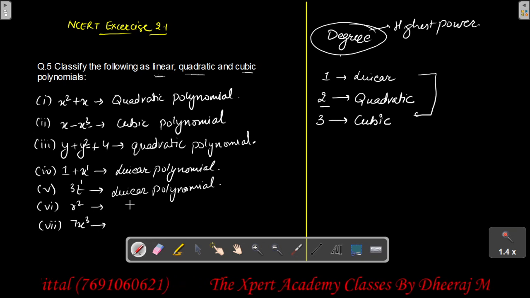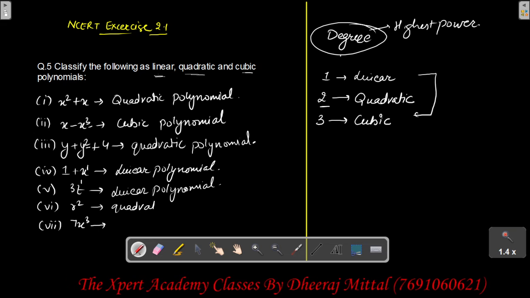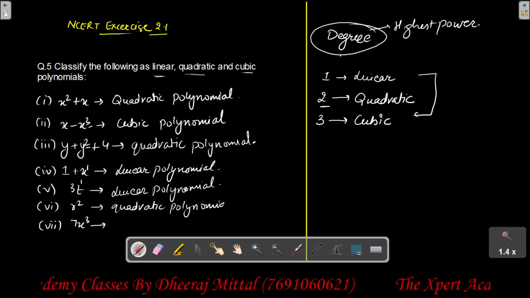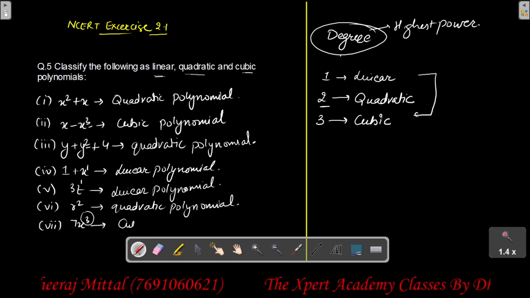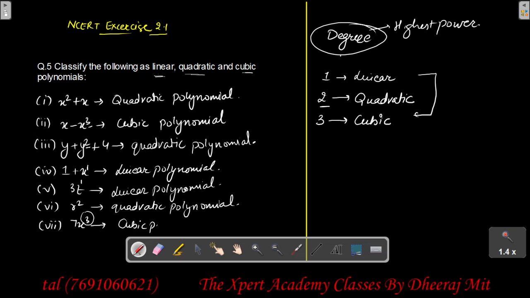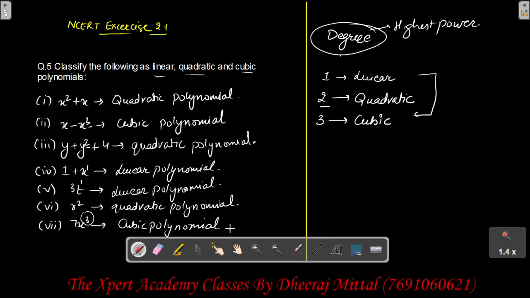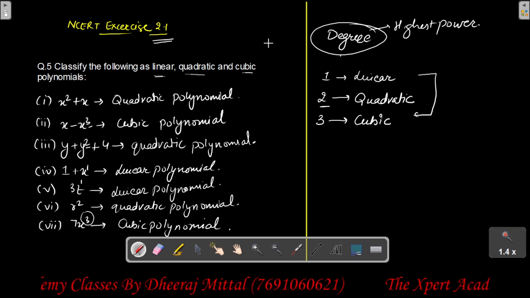Here the degree is 2, so it is a quadratic polynomial. Now here the degree is 3, so it is a cubic polynomial. So exercise 2.1 is completed.